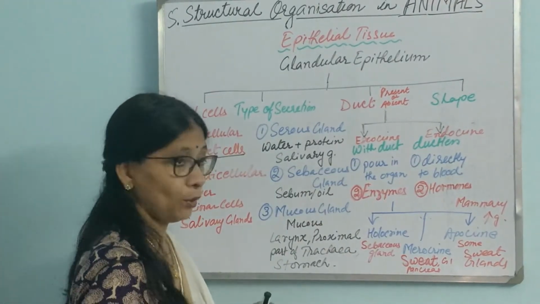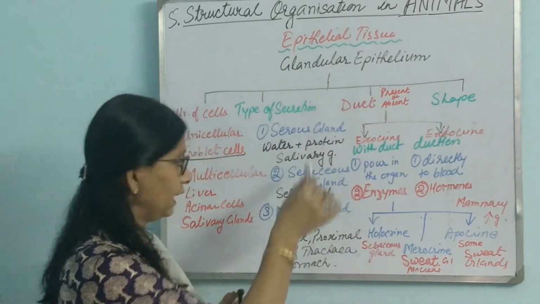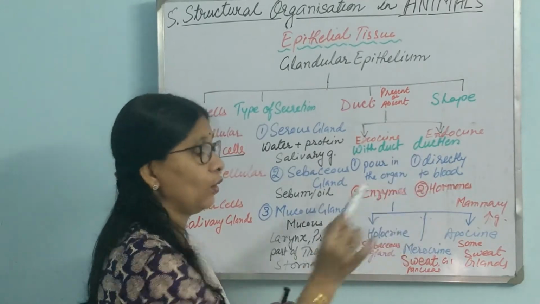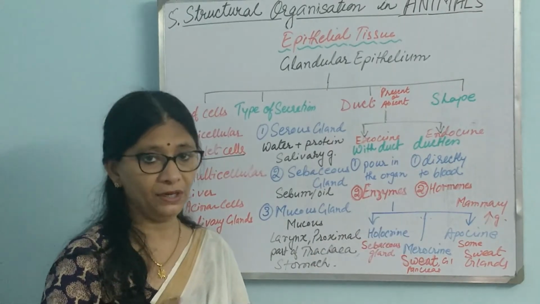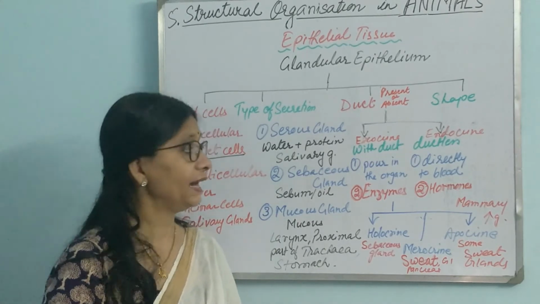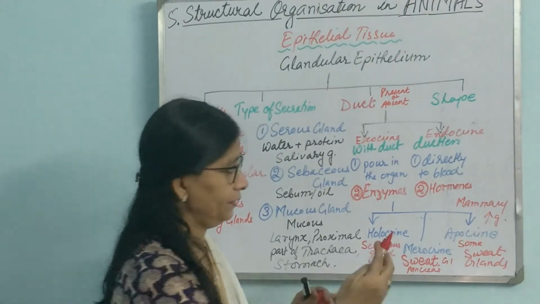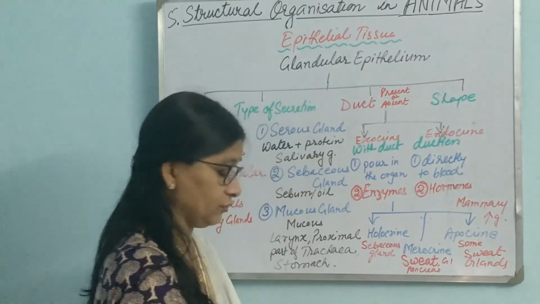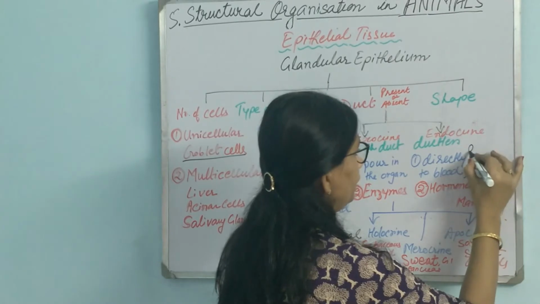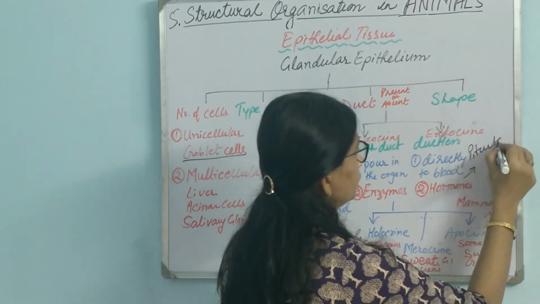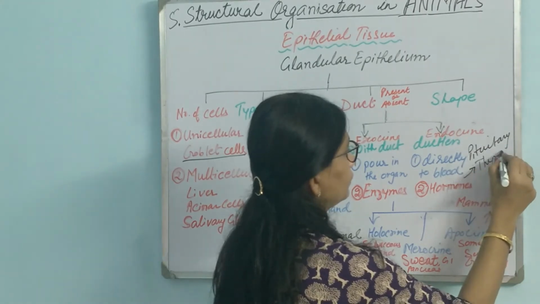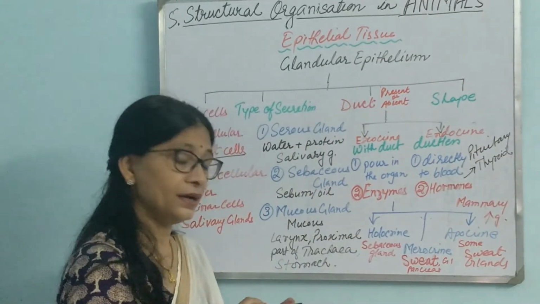Now another point is exocrine gland, among other things, they secrete enzymes. An endocrine gland will always secrete hormones. Example of endocrine gland will be pituitary gland, thyroid gland, all the endocrine glands.